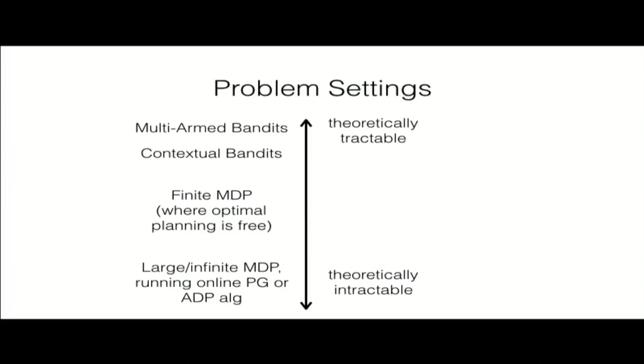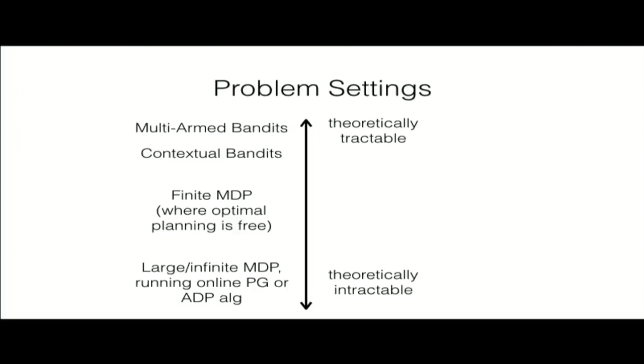Okay, so there are several different settings I'm going to cover in this class. Basically, there are several different settings you can use to study sequential decision problems. They range from problem settings that are theoretically tractable but kind of simplified, to problem settings that are hard and general, but hard to say anything formal about.